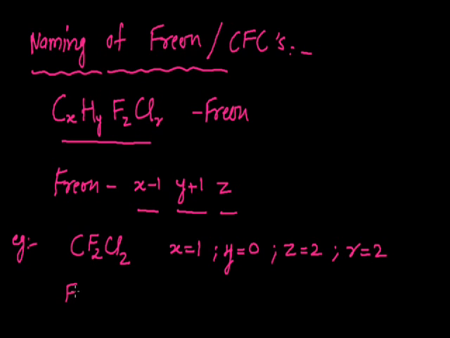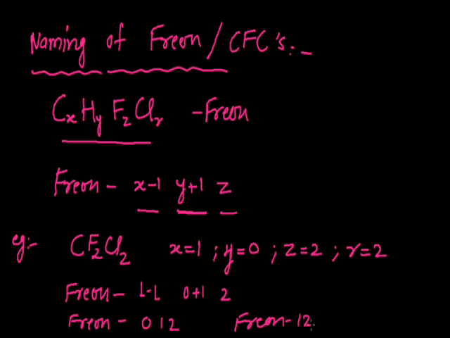Now we can write the name of this compound, freon. x is equal to 1, so we write 1 minus 1. y is equal to 0, so we write 0 plus 1, because here we have to write y plus 1, and now we have to write z, so we write 2. So this will be freon 1 minus 1 is 0, 0 plus 1 is 1, and 2, and the 0 is understood, so we can write only freon 1 2. So the name of CF2Cl2 is freon 1 2.